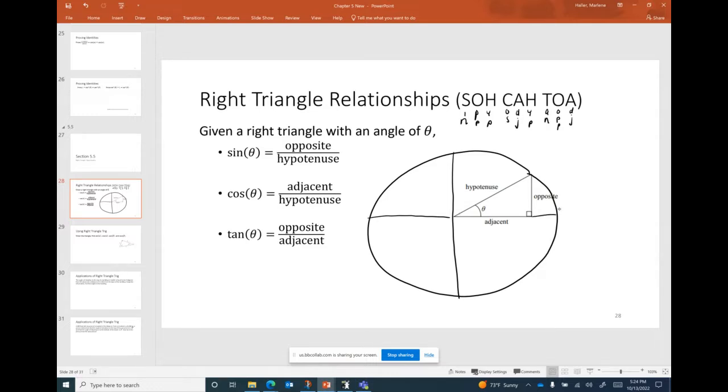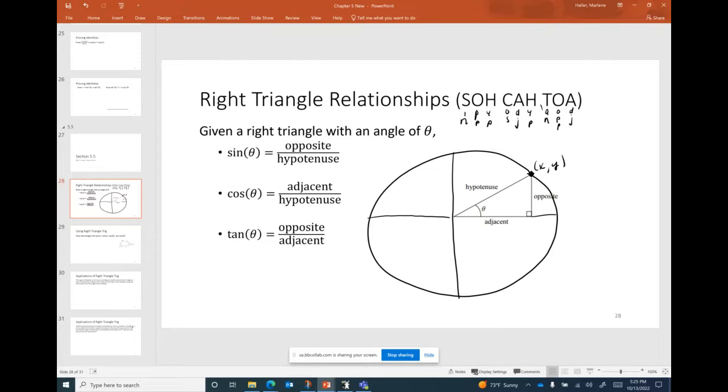We can see that we've been talking about these trig functions in the unit circle as cosine being the x-coordinate and sine the y-coordinate of this terminal point. We've been talking about the ratios with these trig functions.